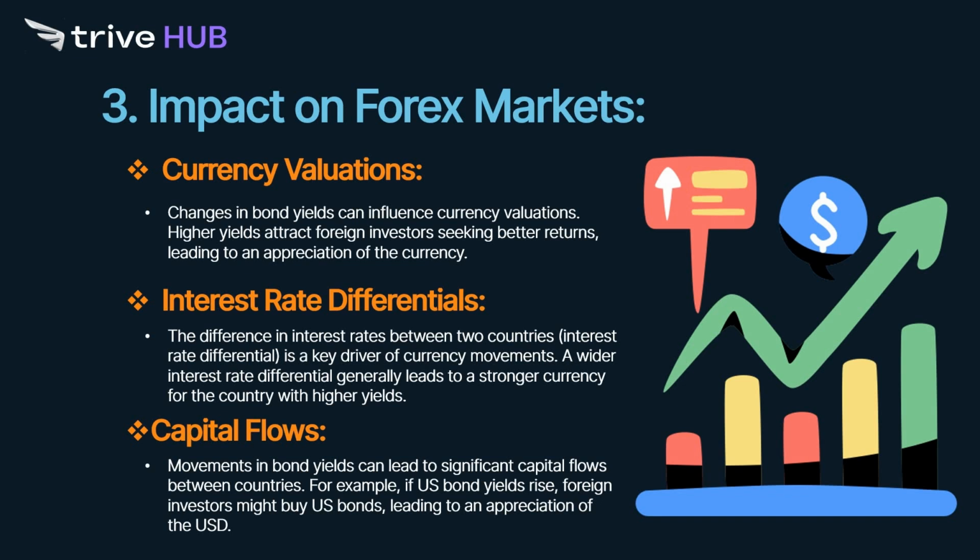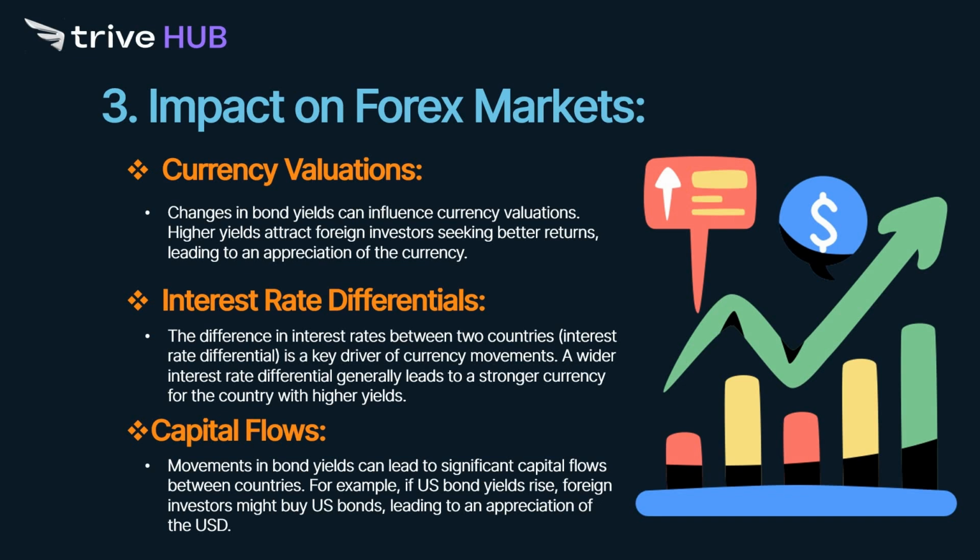A few more factors are there. Safe haven currencies: in times of market uncertainty, investors also want to put their investment into safe havens like USD, JPY, CHF. So if we are interested in investing in USD, then of course the currency will appreciate.